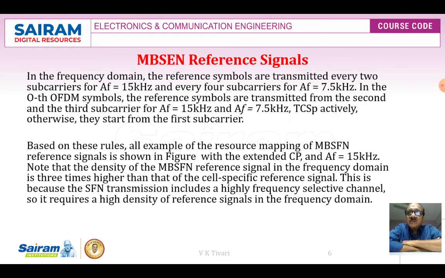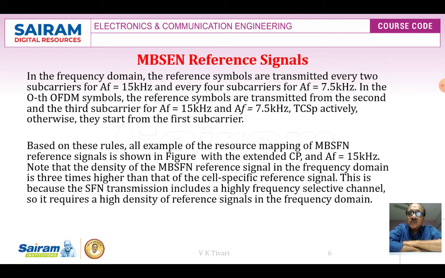MBSFN reference signal continuation. In the frequency domain, the reference symbols are transmitted every 2 subcarriers for Δf equal to 15 kHz and every 4 subcarriers for Δf equal to 7.5 kHz. In the second OFDM symbol, the reference symbols are transmitted from the second and third subcarriers; otherwise they start from the first subcarrier.